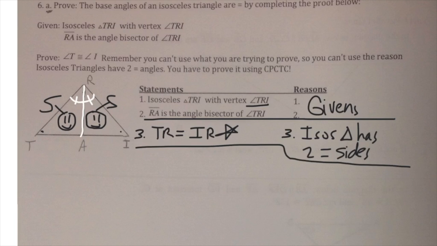Now we need two more. We've got the angles that are equal at the top. Angle TRA is the same size and shape as angle IRA. And that reason would be bisectors make two equal angles, or simply bisectors cut in half.